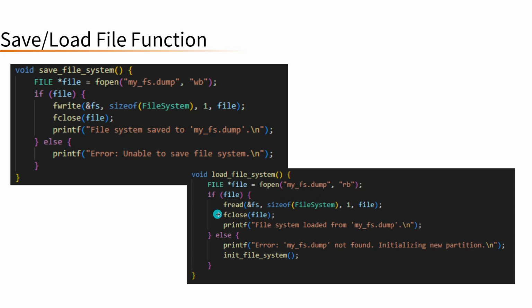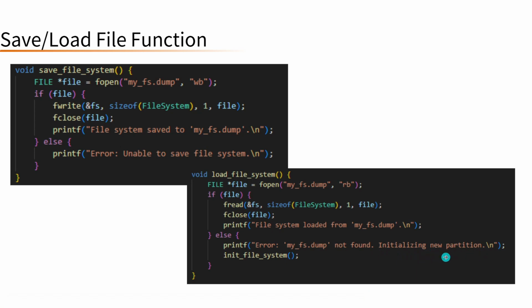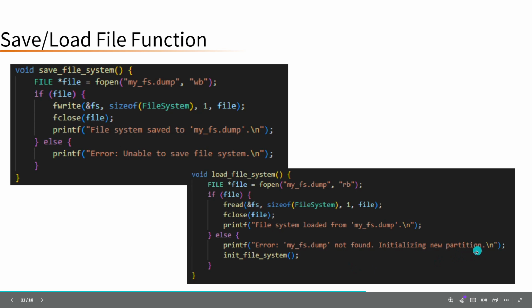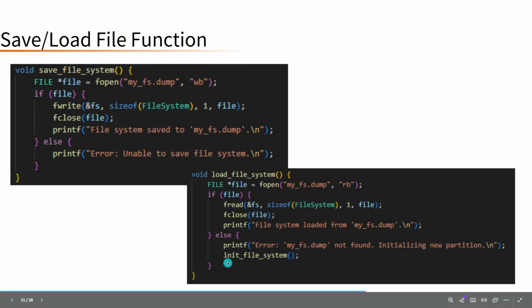And if there is an error opening the file, it will initialize a new partition. So if the load fails, it will initialize a new partition in the file system, and it will call the initial file function.